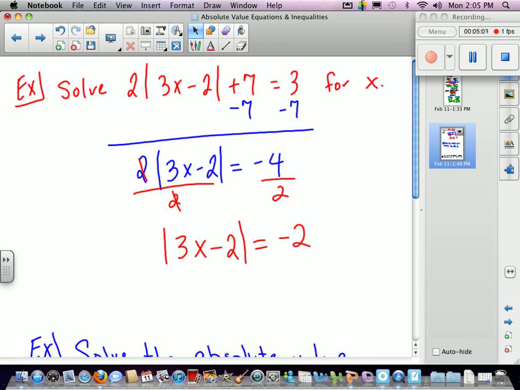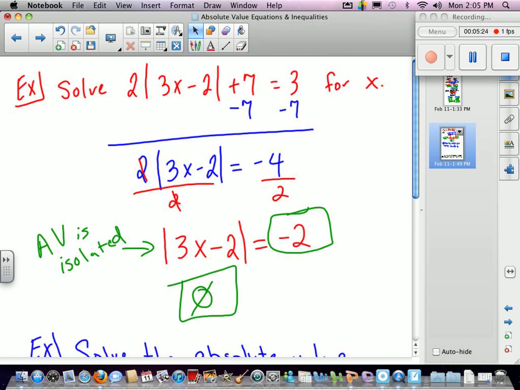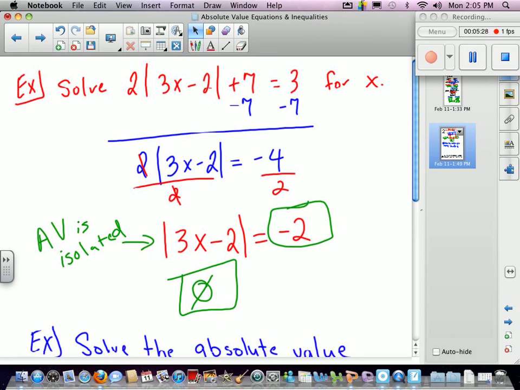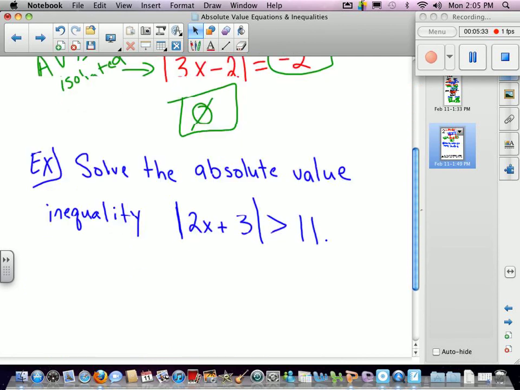So in this case, when we have it set equal to this negative right here, and the absolute value is isolated, when that happens, we're actually going to have what we would call no solution. Okay? There is no way possible that we could be -2 units away from 0. So when that happens, we would just have no solution.